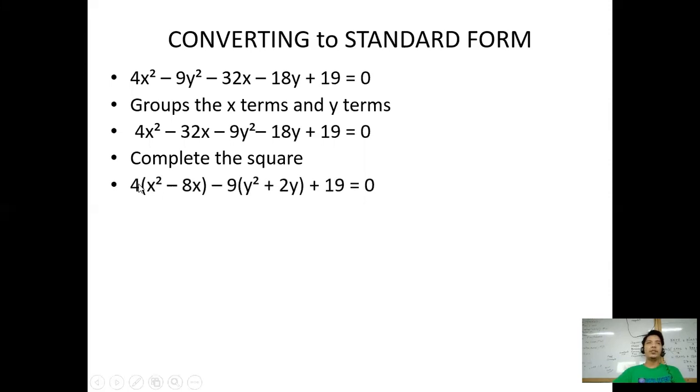Distributive property of multiplication over addition po. 4 times x squared will be 4x squared. 4 times negative 8x will be negative 32x. Tapos ngayon, mag-iisip daw tayo ng number na makakakumpleto sa kanya. Dito naman, pinactor lang din. Negative 9 times y squared plus 2y. Okay, negative 9 times 1 is negative 9. Negative 9 times positive 2 is negative 18. Then copy lang natin yung positive 19.